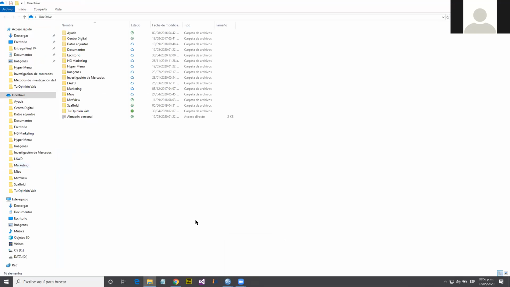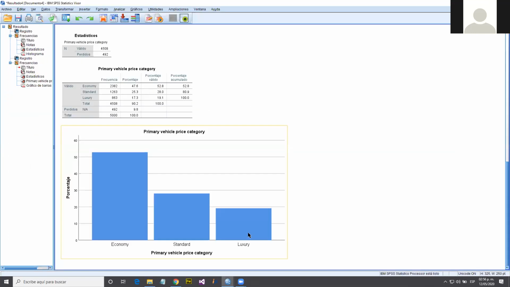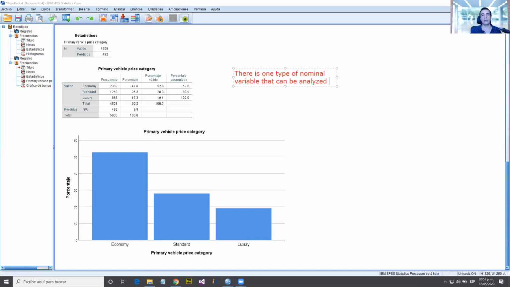Did you say that we only choose the statistics one if we use it for scale? For ordinal or nominal? Oh, yes, statistics. Statistics are only, well, there is only one comment around it, and I hope that you remember this one. This is important. There is one type of nominal variable that can be analyzed with statistics.